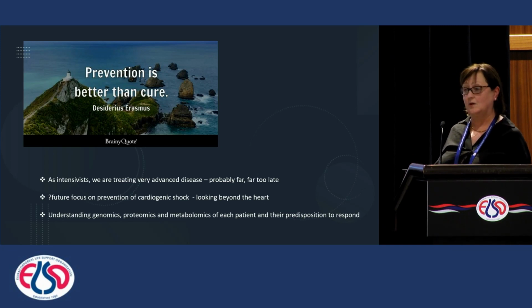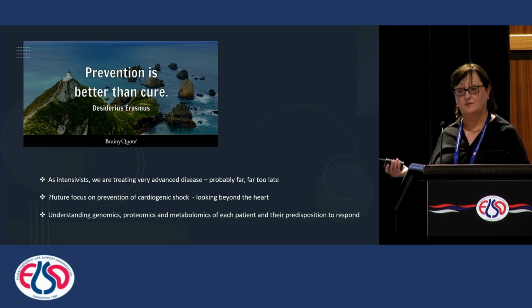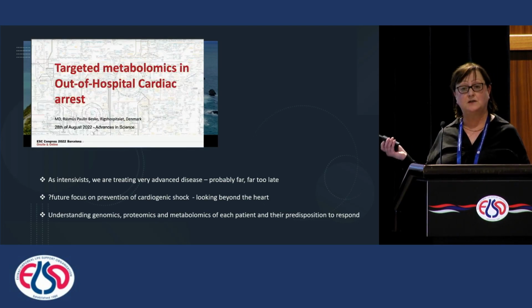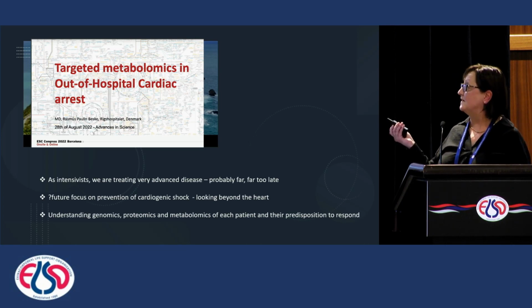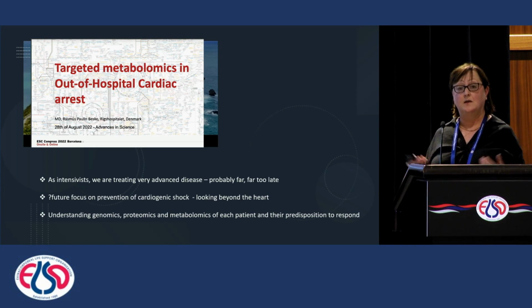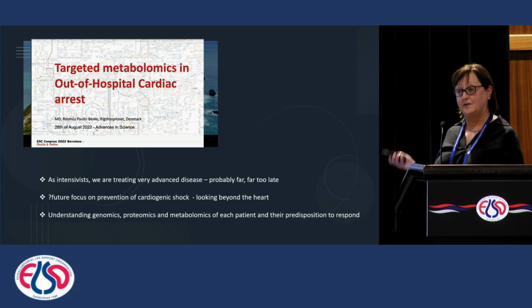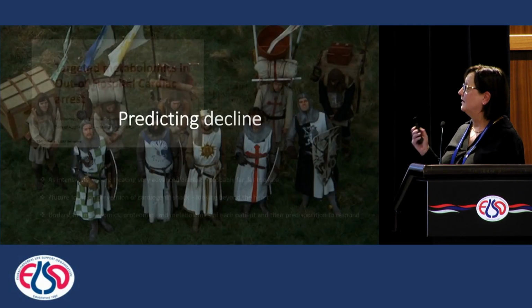So we need to look beyond the heart, and we need to understand the genomics, proteomics, and metabolomics of our patients. And the cardiologists are beginning to do this. This was a session I went to at the European Society of Cardiology, looking at metabolomics and targeting them post out-of-hospital arrest. So not only what the patient has and what they are, but their response to critical illness.